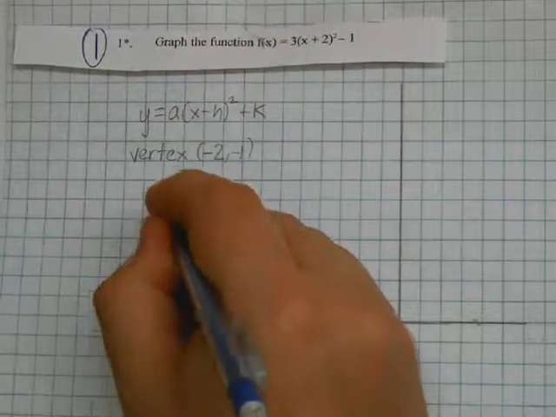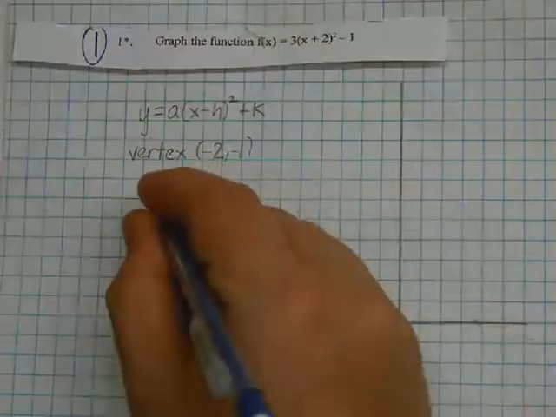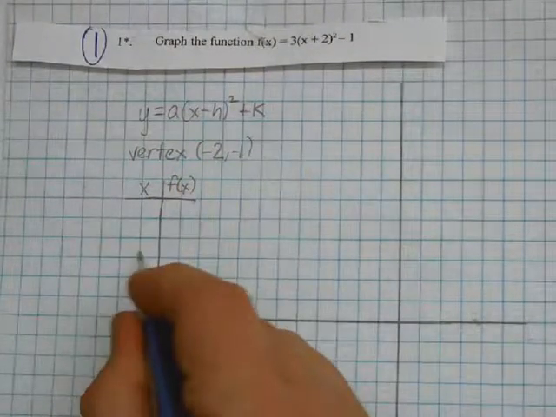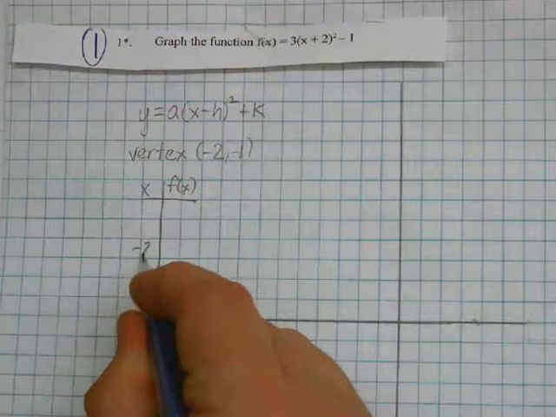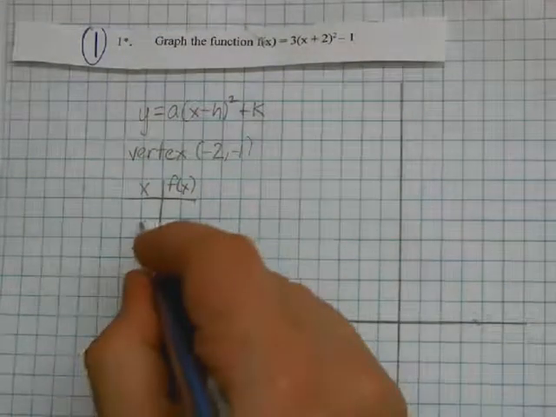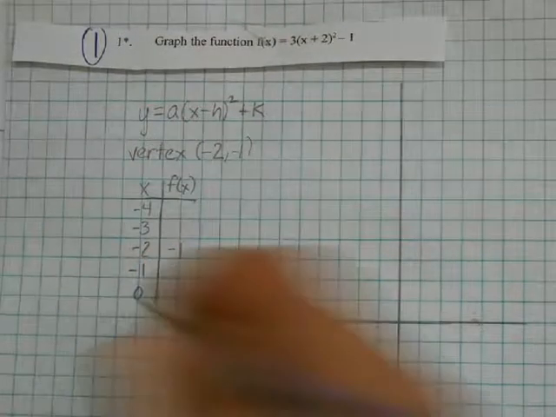So to make a parabola, we need at least 3 points, preferably 5. Now, I already have 1 point at negative 2, negative 1. So it makes sense to go up and down 1 for the x values and complete the table.